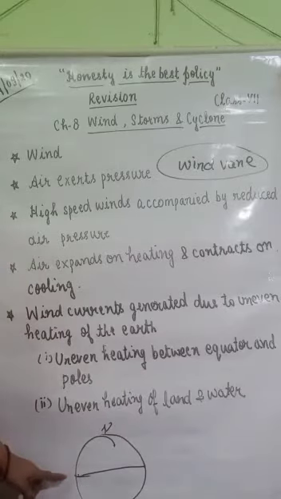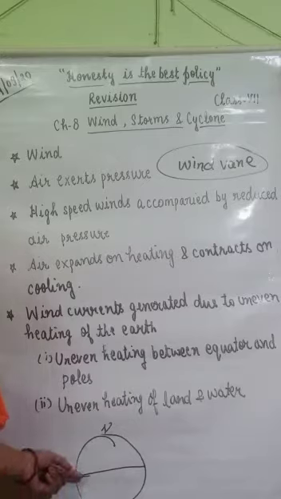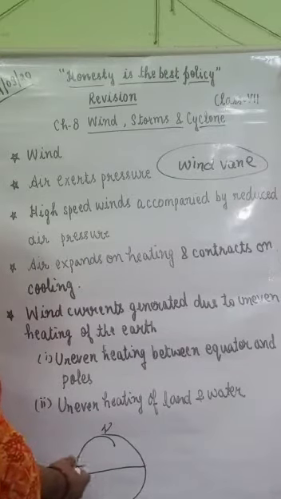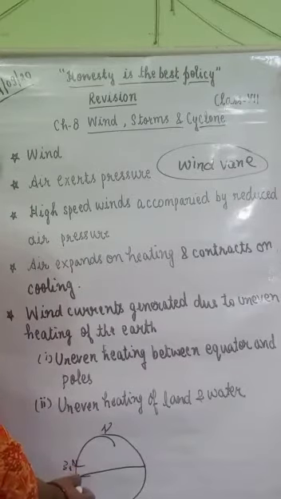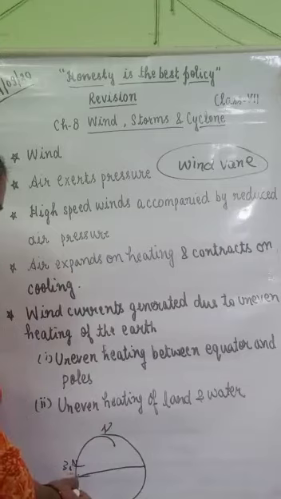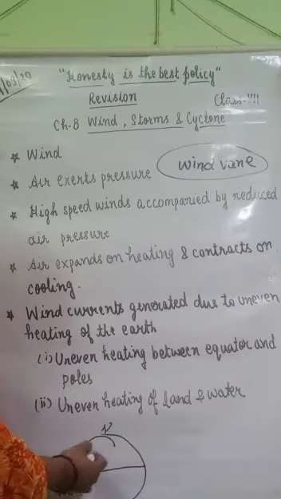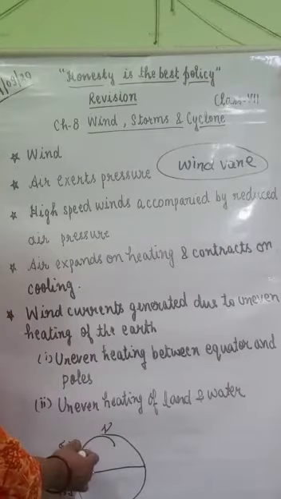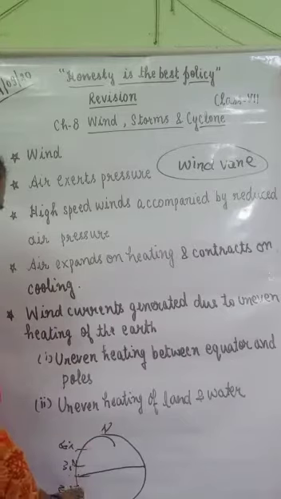The equator gets heat from the sun directly, and air from this region gets warm and rises up. This is 30 degree north, and this is 30 degree south. This is 60 degree north and this is 60 degree south.